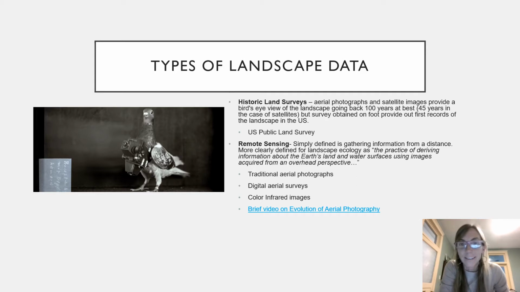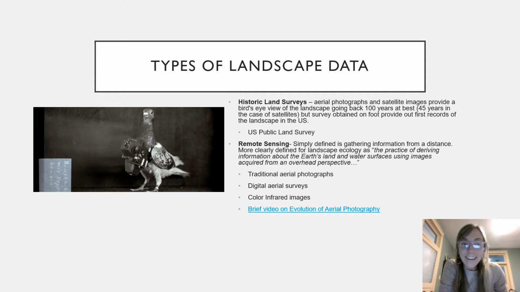It created a grid system, and the grid system often marked corners describing both the species and age class of trees in those corners. And in some cases, that gives us some of our best information on distribution and species of trees in that pre-European landscape. It's, of course, important to note that there's probably some surveyor bias in the types of trees that were being marked and selected as corner trees.